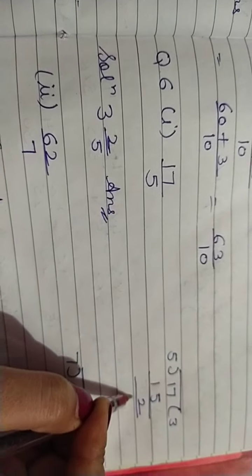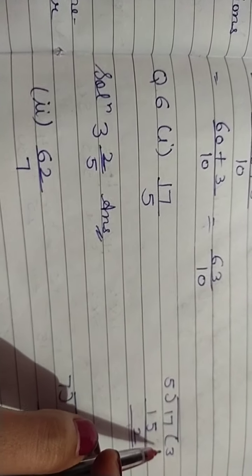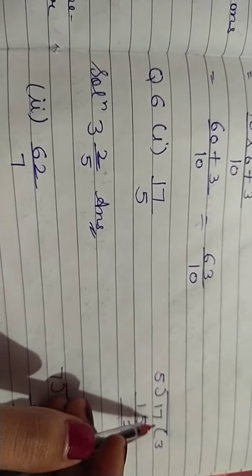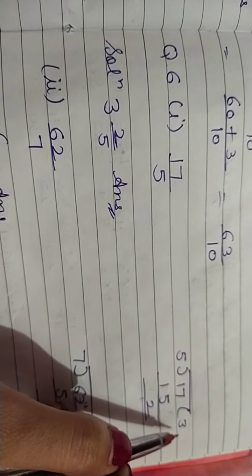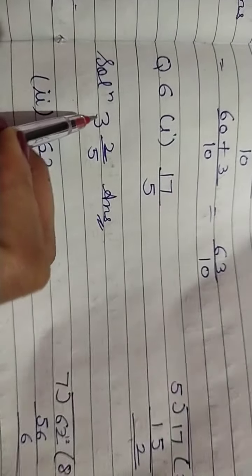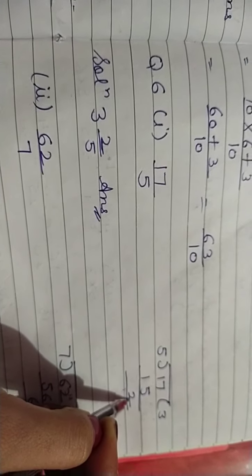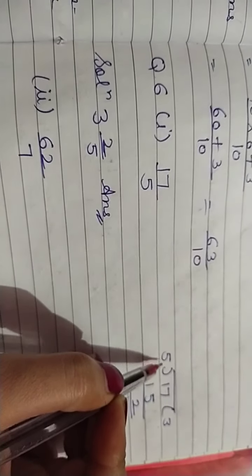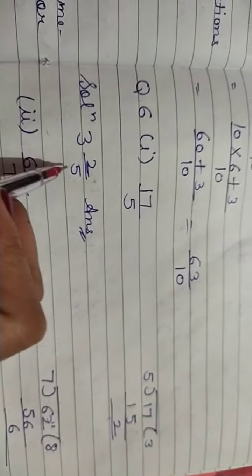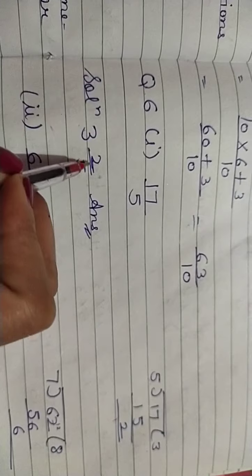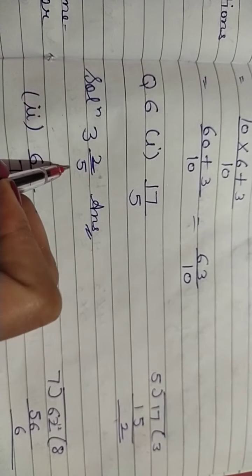The remainder is 2, the quotient is 3, and to write the mixed fraction we write the quotient as the whole number, then for the proper fraction we write the remainder upon the divisor. Quotient, remainder upon divisor.